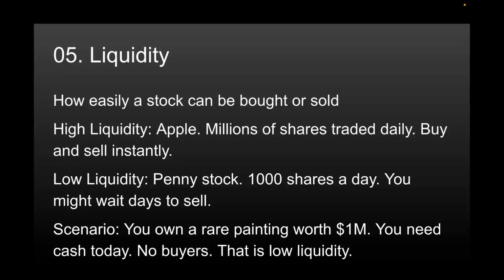If you try to sell your 500 shares, you might not find a buyer for those. That is low liquidity. Think of it like this. You own a rare painting worth $1 million. You need cash today. You cannot sell it instantly because there are very few buyers. That is low liquidity. As a beginner, always stick to high liquidity stocks.